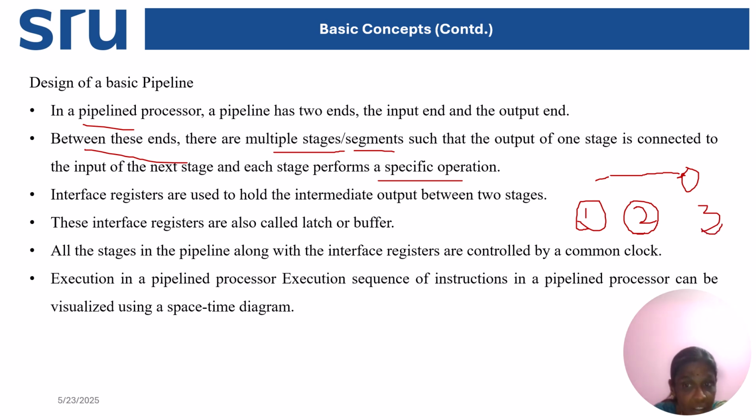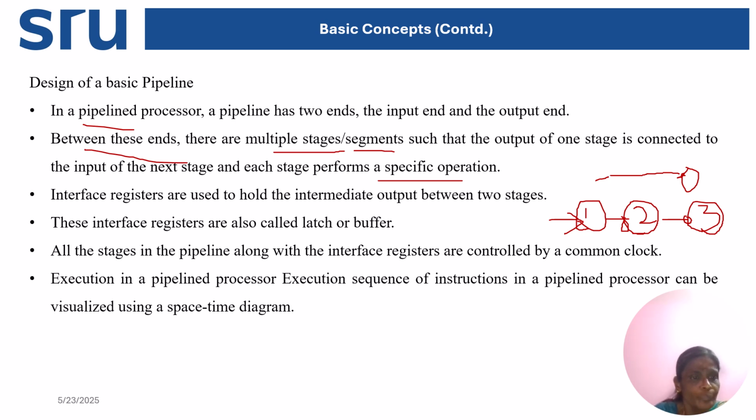If it is the last stage, then the output is known as the net output. It is not going to be given to any other input stage, so it is the final output. In the same way, the first is the initial input, and the remaining are intermediate inputs.